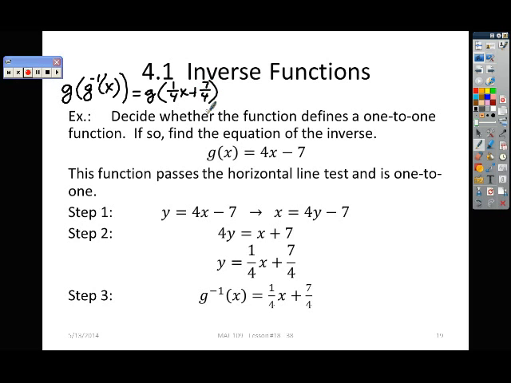But if I plug this in here, that means I'm going to be doing 4 times 1/4 x plus 7/4 minus 7. I just plug this into here. Multiply my 4 there and I get x plus 7 minus 7, which equals x.